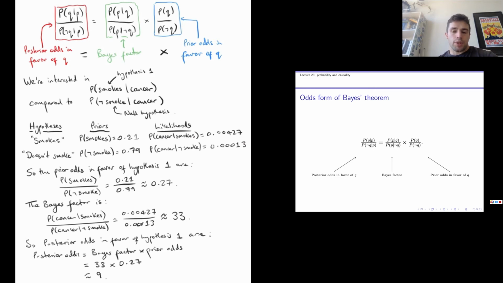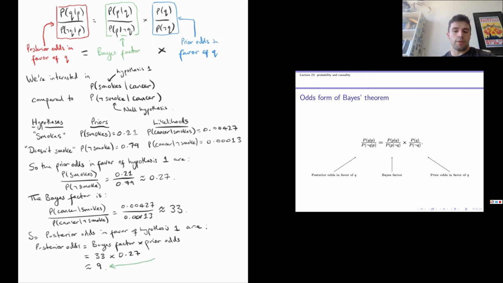And this number, the posterior odds in favour of hypothesis 1, remember, was that someone is a smoker, tells us that given someone has developed lung cancer, they are 9 times more likely to be a smoker than to not be a smoker.